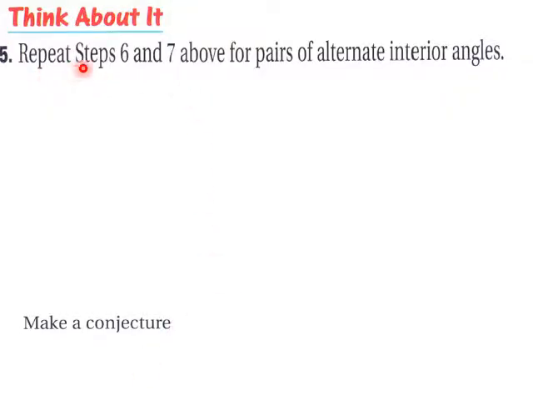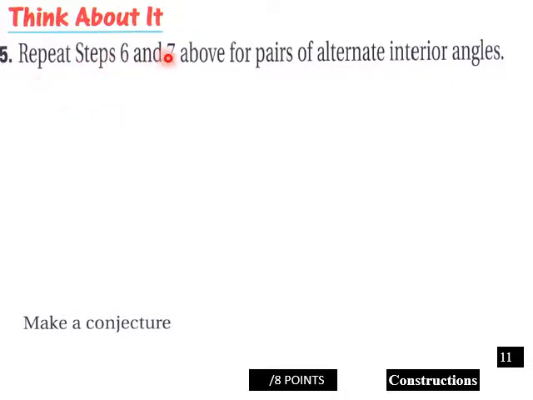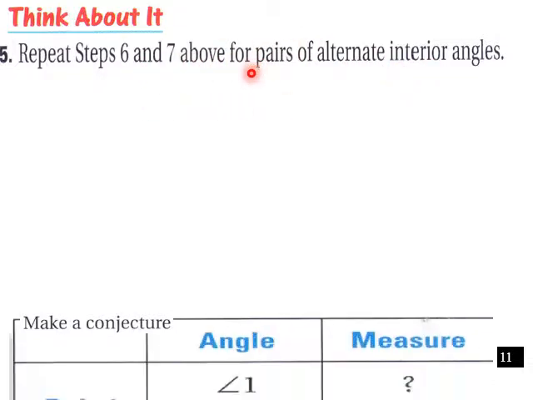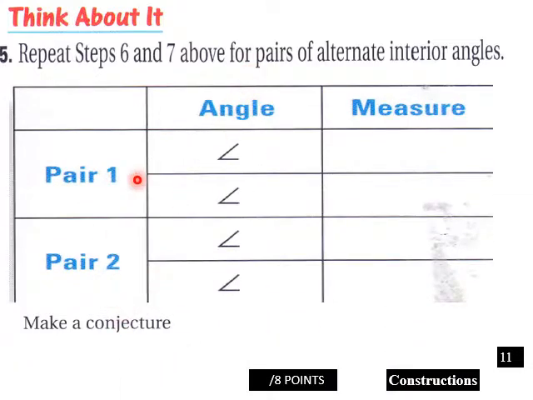And then question number 5, repeat steps 6 and 7 above for pairs of alternate interiors. Make a conjecture about that. You have this here, and then enter your angle numbers in here. And these will be for alternate interior angles.